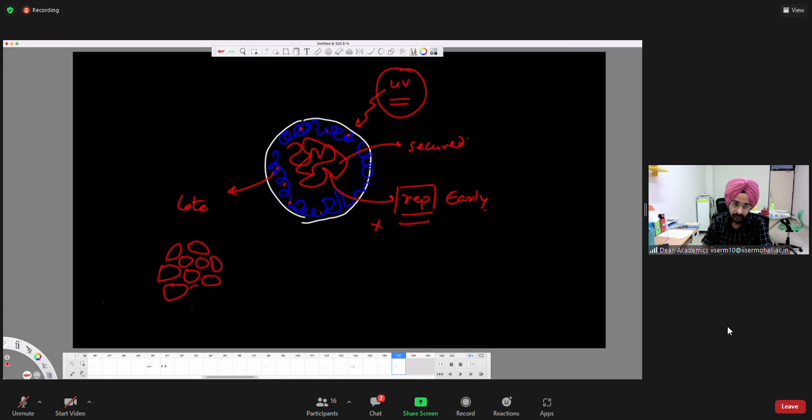In tissue or in a dish, you have certain cells which are located towards the interior of the colony. They have a different environment from the other cells.